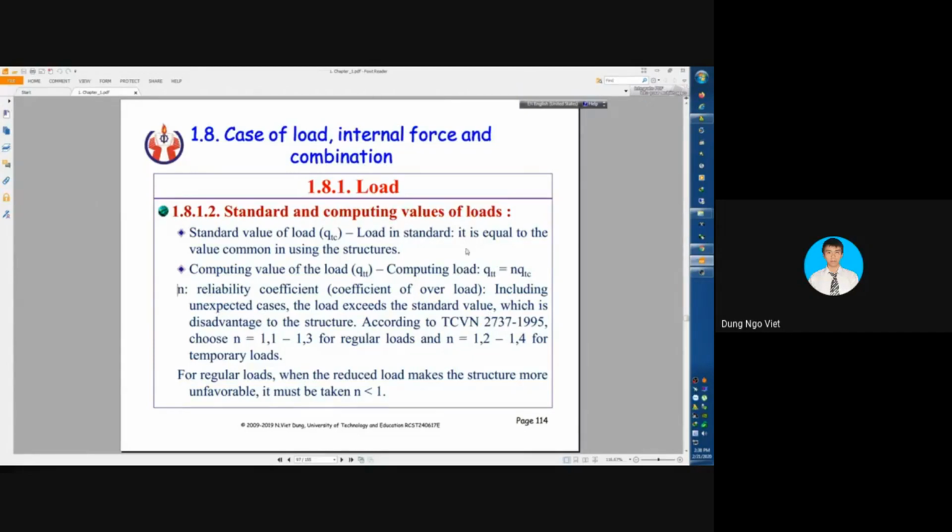According to the TCVN standard, we choose N equal to 1.1 to 1.3 for regular load, and N equal to 1.2 to 1.4 for temporary load. For regular load, when reduced load makes the structure more unfavorable, N must be taken smaller than 1.